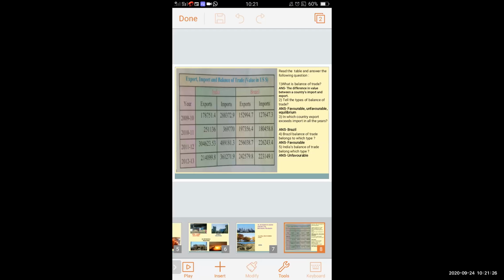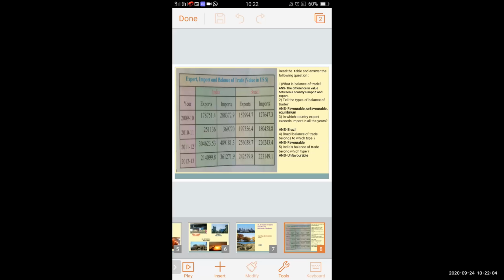The fourth question they have asked: Brazil's balance of trade belongs to which type? Now we have learned about the three types of balance of trade. By reading the chart, we can know that Brazil belongs to favorable balance of trade, because export is more and import is less.